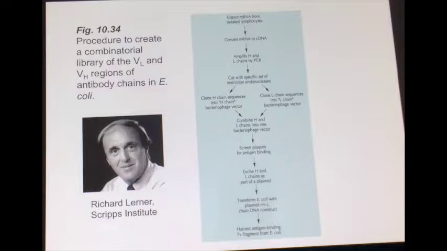Okay, what did they do besides spend money? Richard Lerner is the head of the group, and that's why his picture is there. And I'm going to show you another picture in just a few moments of someone else who took a slightly different approach to this, and that's Greg Winter. Greg Winter and Richard Lerner both have somewhat large egos, and they both think that they should win the Nobel Prize for the work that they've done, and they hate each other.